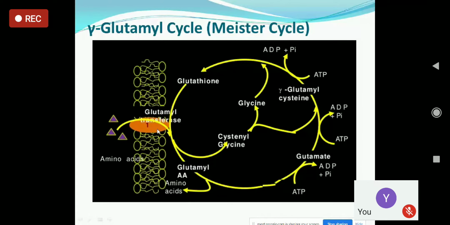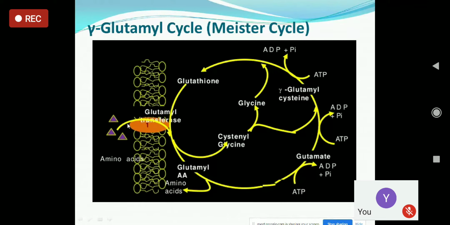Glutamate is then transported to the extracellular space still attached to this enzyme. This glutamate is then able to interact with the free amino acids present in the extracellular space and bind them. This will then form gamma glutamyl amino acid on the extracellular site.